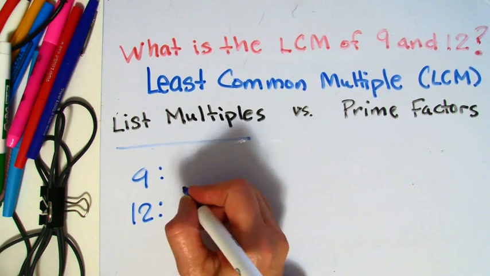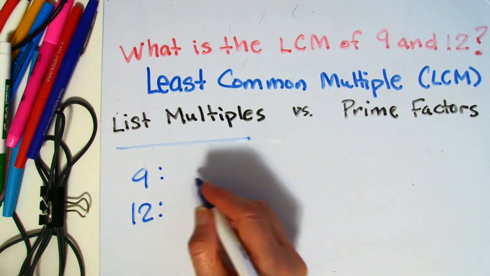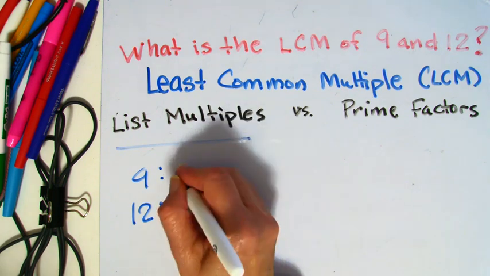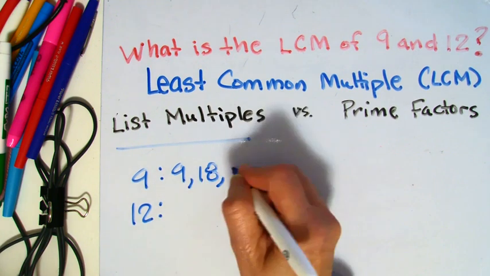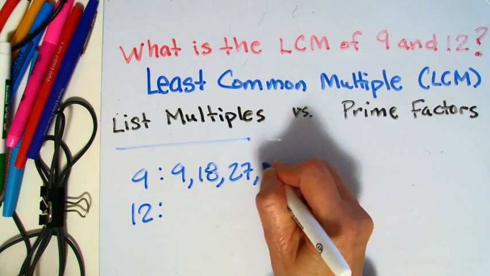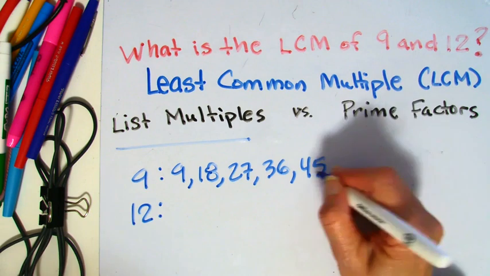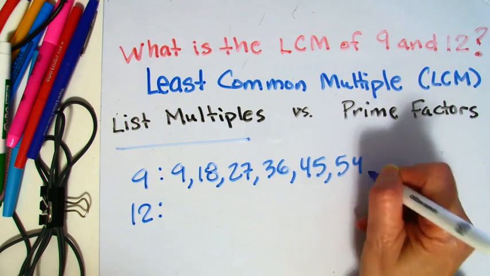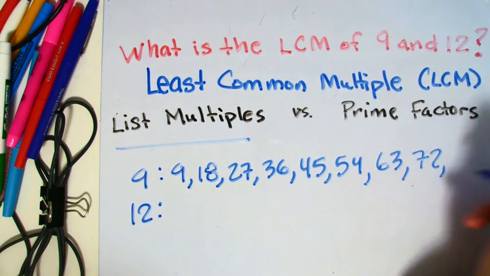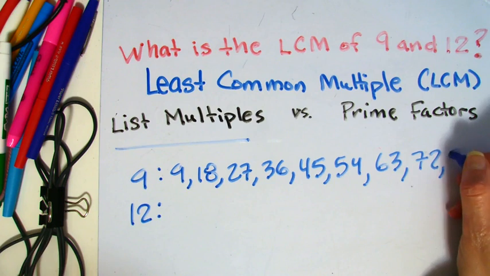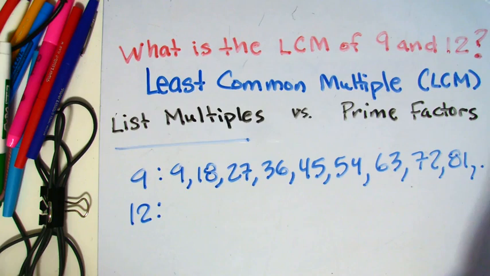Now, if you know your multiplication facts pretty well, you get to a point where you don't have to write them out. So I'm just going to list 9, 18, 27, 36, 45, 54, 63, 72, 81, and so on.